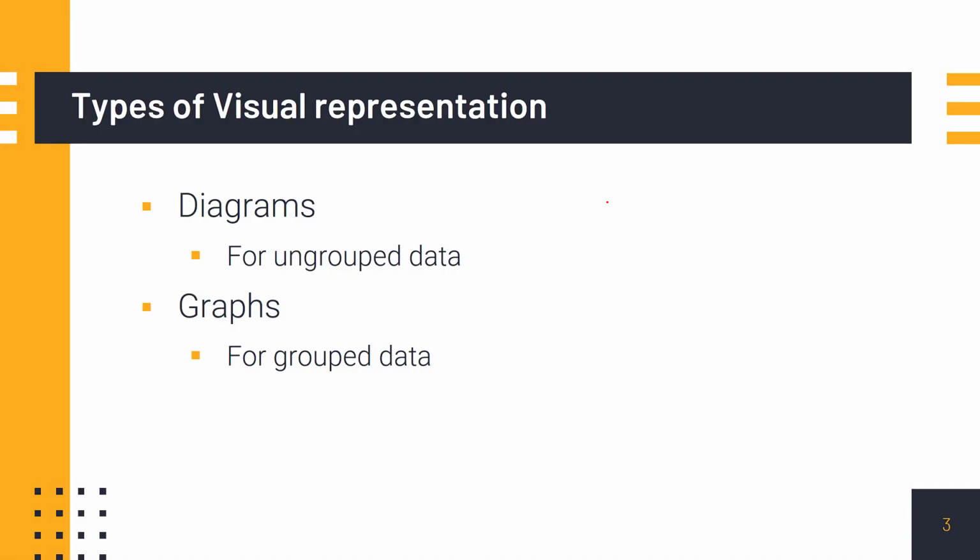So there are two types of visualization based on how the data is grouped or classified. We have two different types of visual representation. One is called diagrams, one is called graphs. Diagrams are for ungrouped data, which is also called discrete frequency data, right?